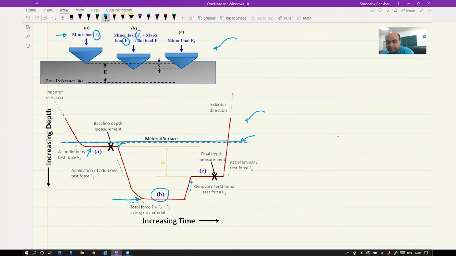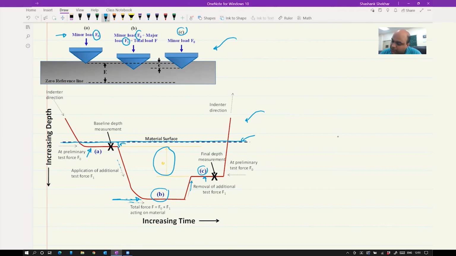After you remove the additional test force F1, your depth position is going to be this one, C. So here you have C, and here also you have C. Now you have only the minor load of F0 applied on your sample. You measure this distance E, and you use this to measure the hardness of your material on the Rockwell scale.